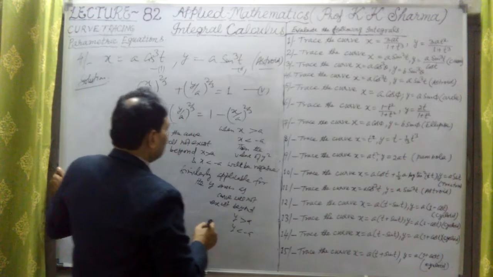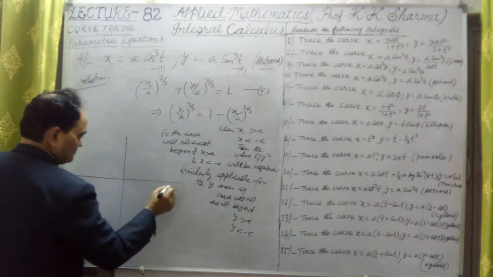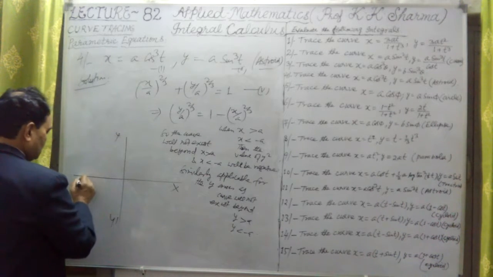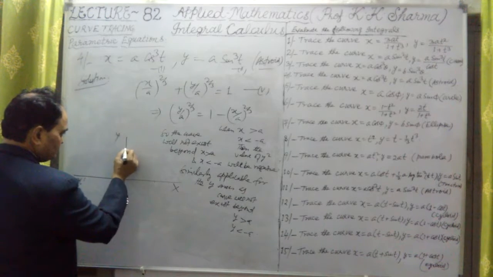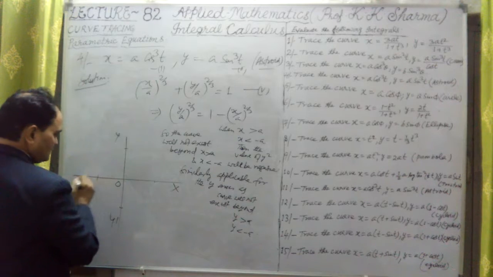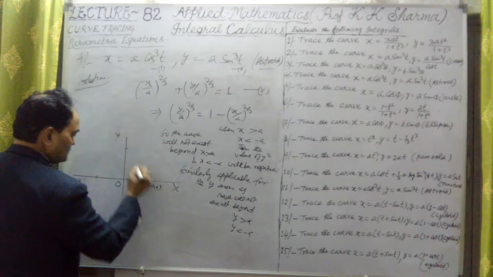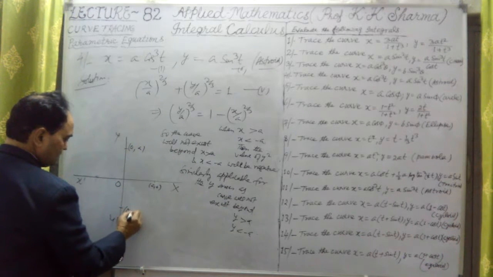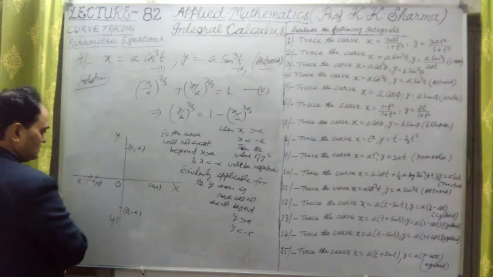What are the points here? The same type of points. This is the x-axis, y-axis, and this is origin O. Let me take similar points: this is (a, 0), this is (0, a), this is (0, minus a), this is (minus a, 0).